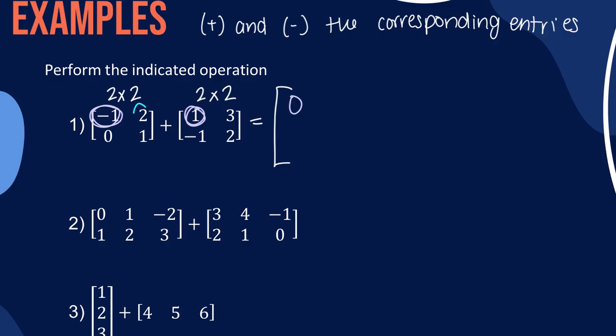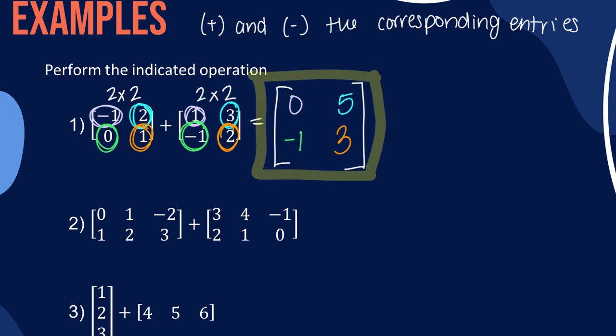Going on to the next one, 2 plus 3 gives me 5. Then 0 plus -1 gives me -1. And the last one is 1 plus 2, which gives me 3. So this would be my answer in the end. I'm going to highlight it. This is how it should be written. Again, it goes with the corresponding entry.